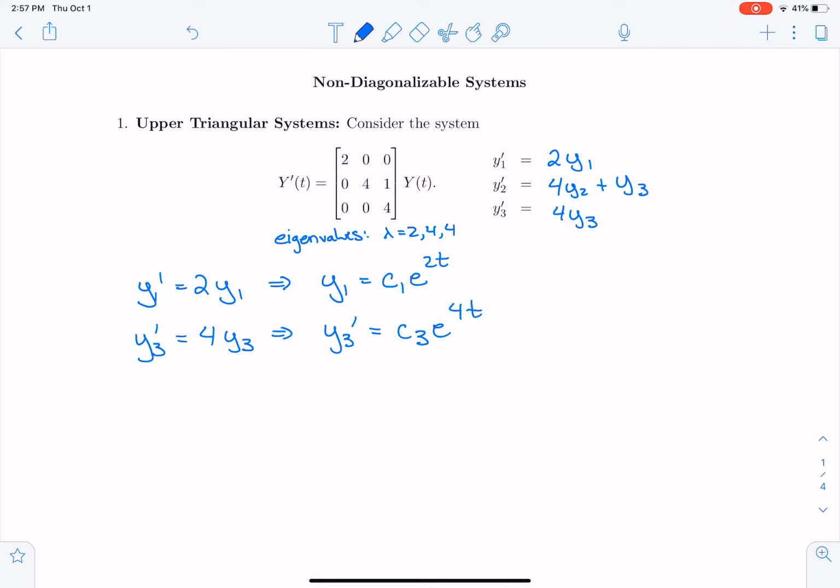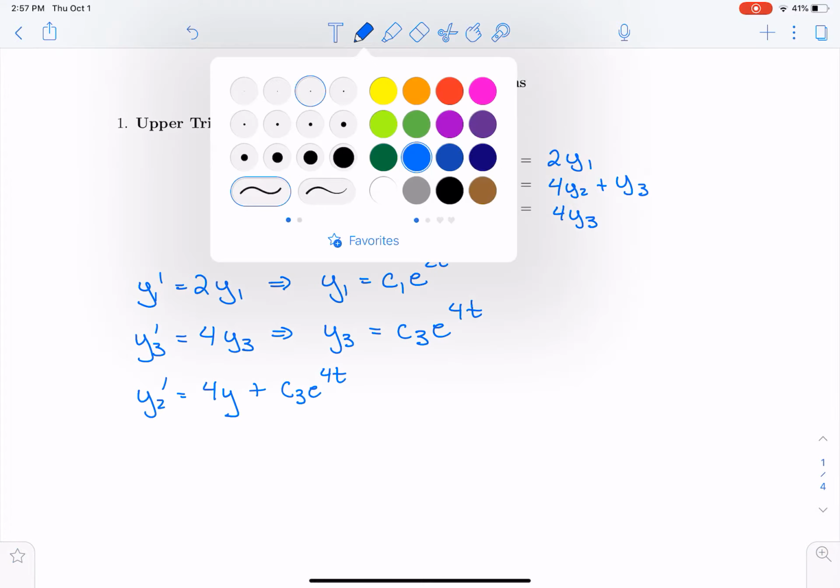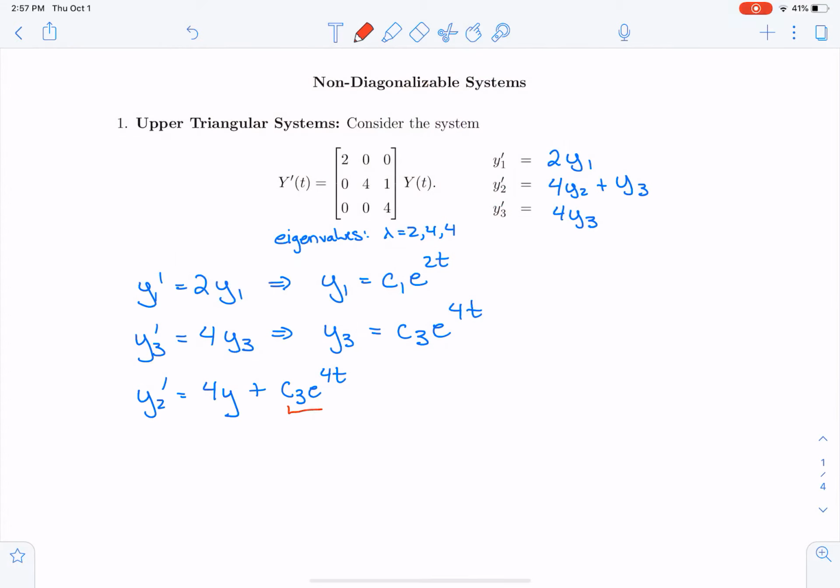So the last equation that we have is y2 prime is equal to 4 y2 plus y3. But y3, we already said, is c3 e to the 4t, so we're going to plug that in there.